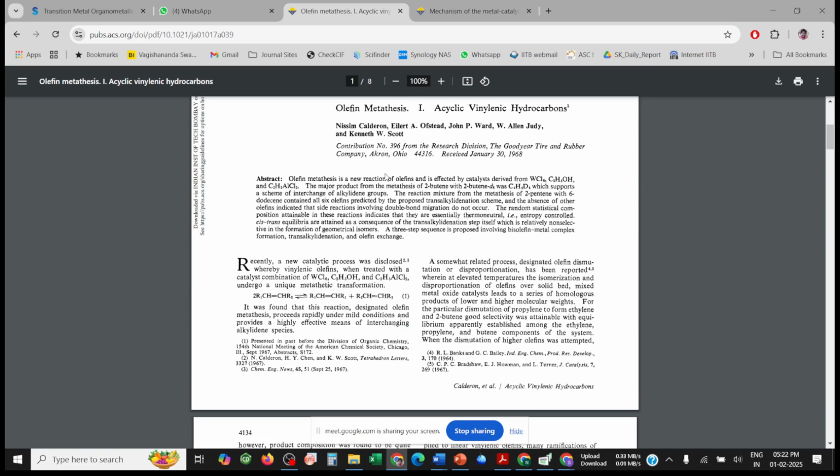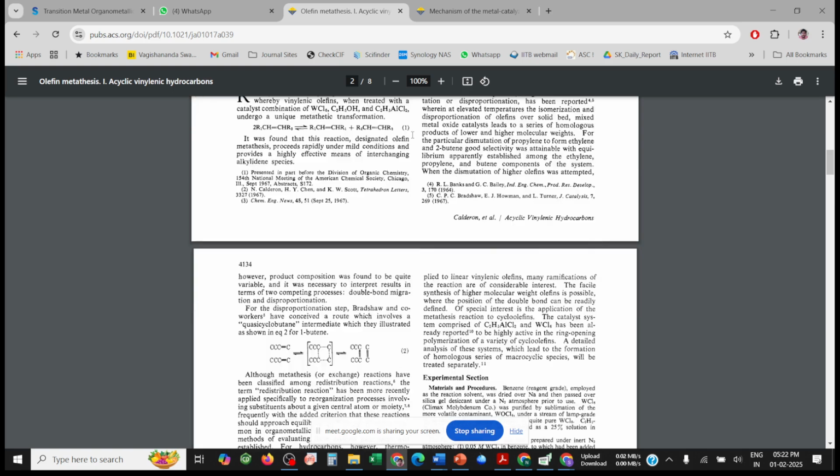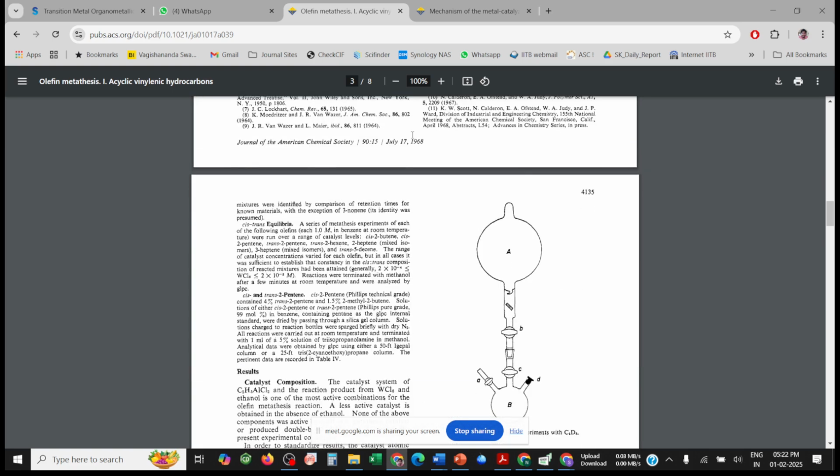Olefin metathesis of acyclic vinylic hydrocarbons. So this is the paper of Chauvin, from 1968. From this paper in JACS, he first showed the mechanism of olefin metathesis reaction through a cyclobutane intermediate.